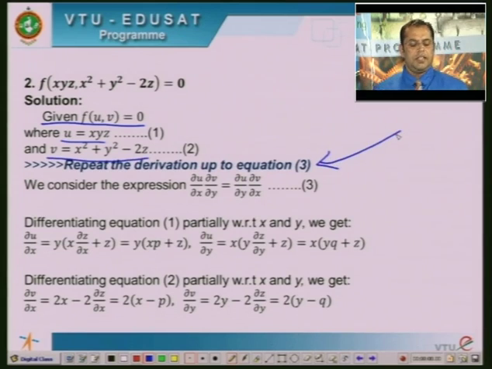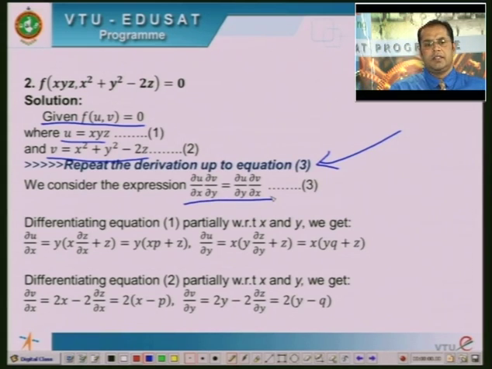Make a note of this, repeat the derivation up to equation 3, which was dou u by dou x into dou v by dou y equal to dou u by dou y into dou v by dou x. By the usual process, apply chain rule and show the derivation coming up to equation 3.